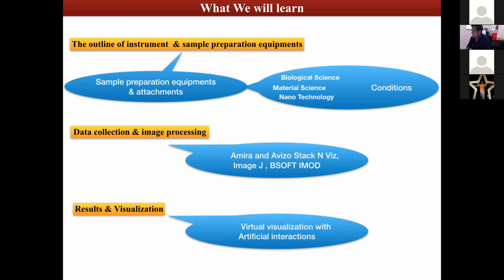All right. Okay. For the results and visualization, this is something I'm really excited about. We have all sorts of different software that we know of, COOT, UCSF Chimera for 3D visualization of these electron density maps that come from FIB, Cryo-FIB, or TEM reconstruction using single particle tomography. But this time we are going to have a software package from Avia, which will be really good because you will have a machine learning instrument, which means that if you want to do a segmentation, you don't have to do the whole segmentation by yourself.